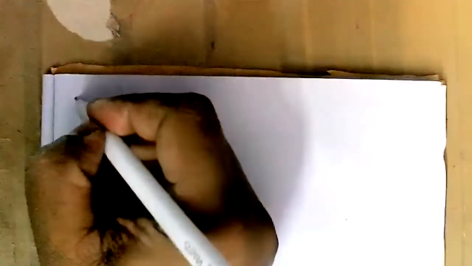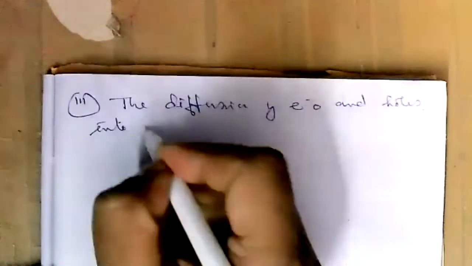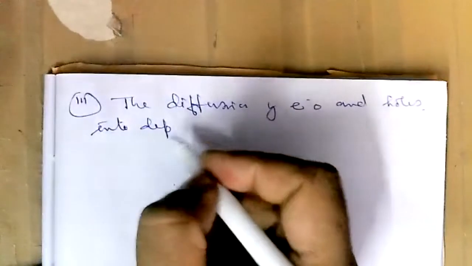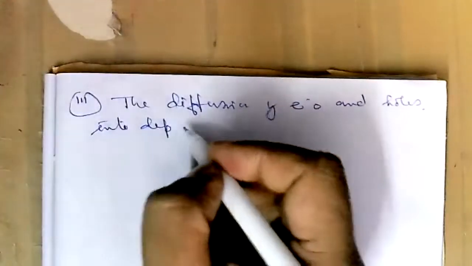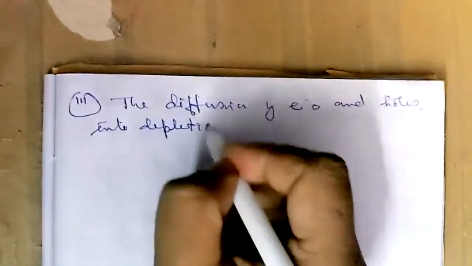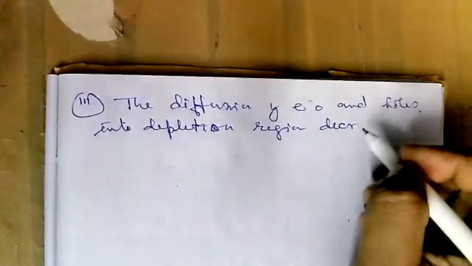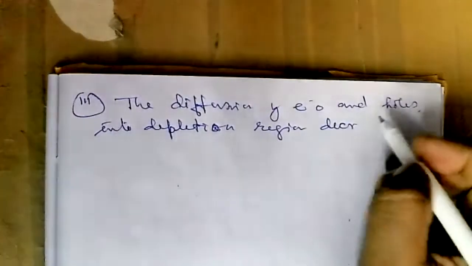So due to motion of these charge carriers, the diffusion of electrons and holes into the depletion region decreases the width of the depletion region.